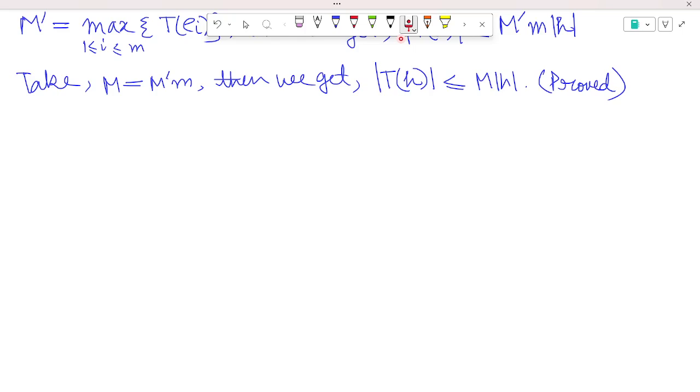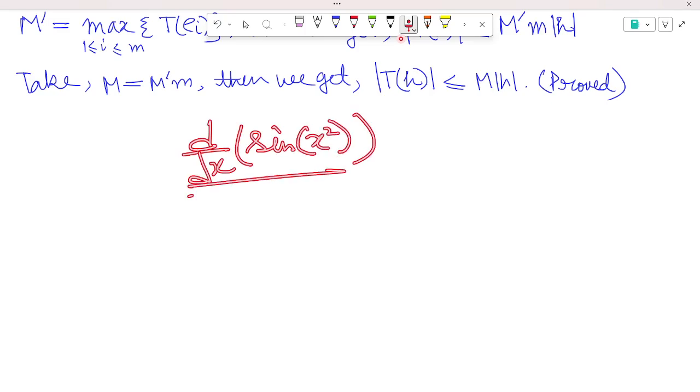For example, what is this thing? This is sine applied on x square.